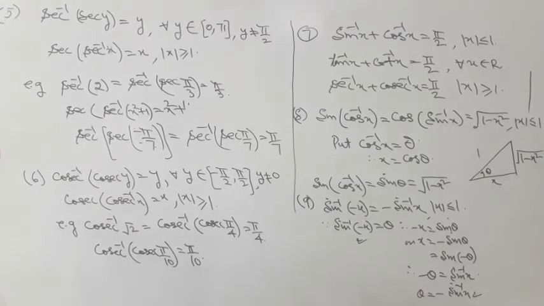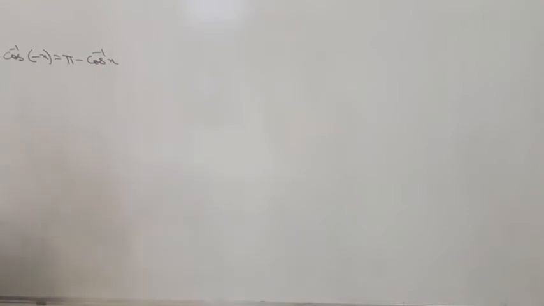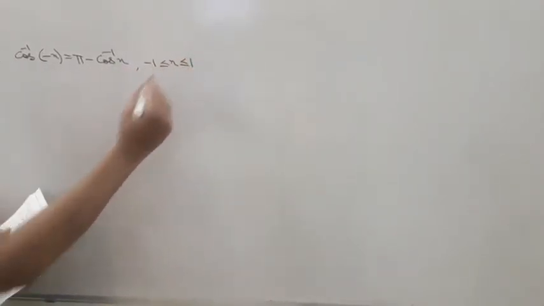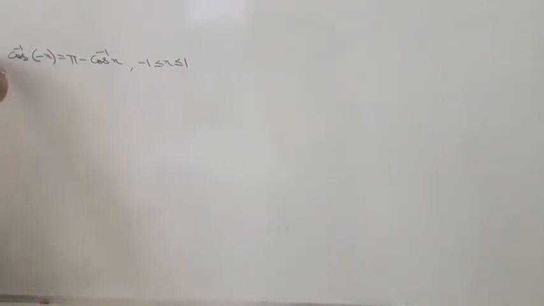Yes, the next is we have cos inverse of minus x is equal to pi minus cos inverse of x. Check out. Here also minus 1 less than or equal to x less than or equal to 1. This is we can say 10.